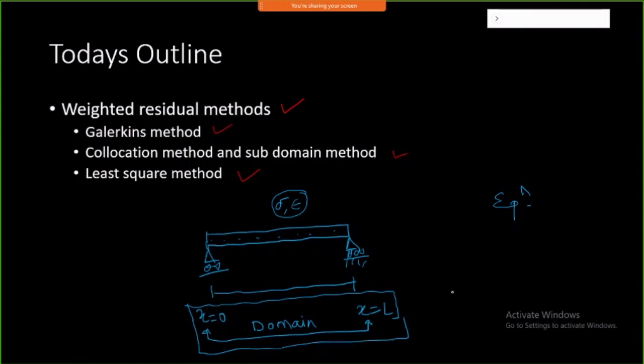Next, you want to trace out the behavior of it. Behavior means if I apply any kind of force onto this, what will be the deflection at different locations? That is basically the intention.